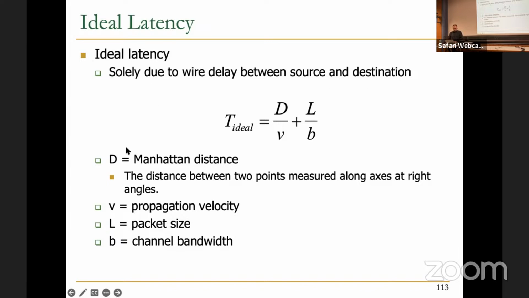D is your Manhattan distance, which is the distance between 2 points measured along axes at right angles. It comes from the Manhattan map, like the grid that you have. V is the propagation velocity, how fast you're sending information. L is your packet size, and B is your channel bandwidth. This is going to be your ideal latency.